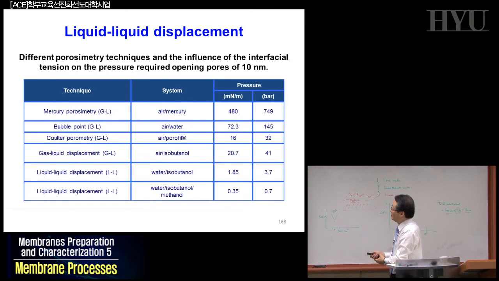Depending upon the liquid and gas, for a given membrane with the same pore diameter, say 10 nanometers, there is a different pressure difference. For example, mercury porosimetry uses very high pressure, whereas water and isobutanol liquid displacement uses very small pressure.